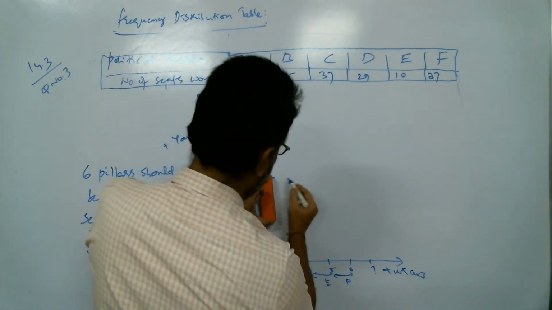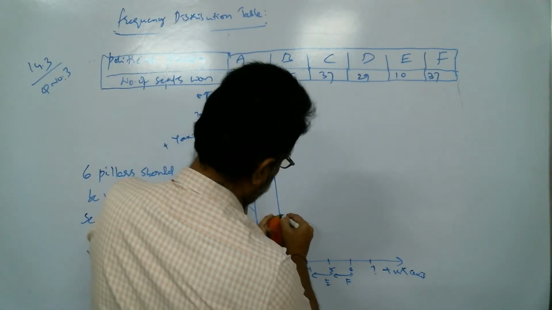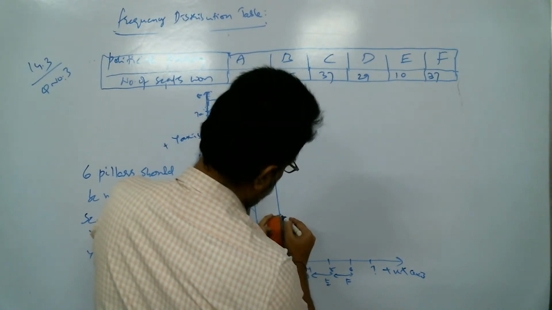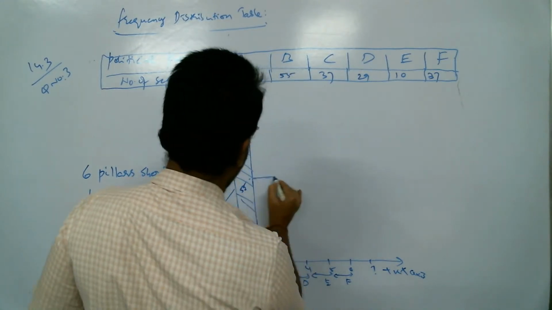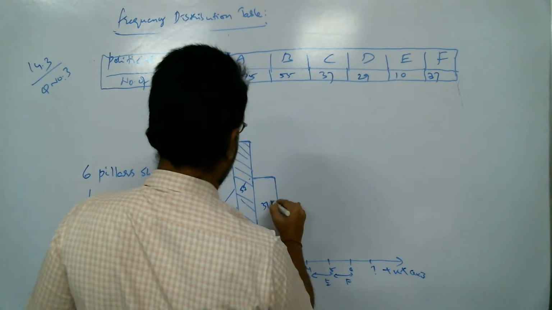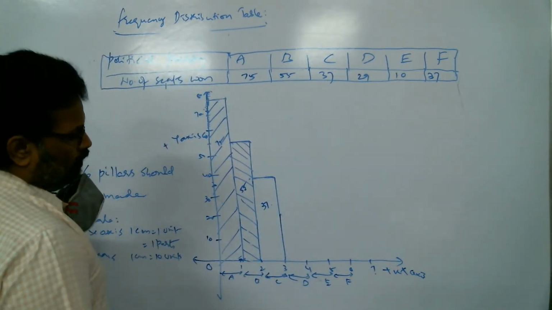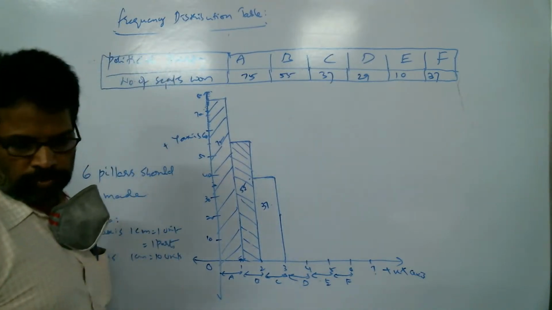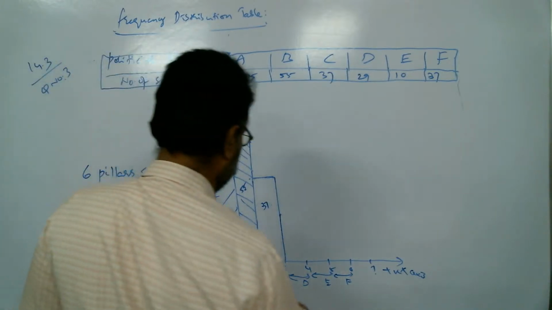So, again, you mark it. 37. Right? Next, fourth one, D, 29.